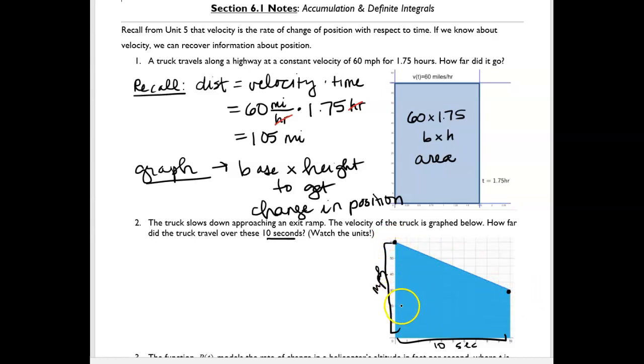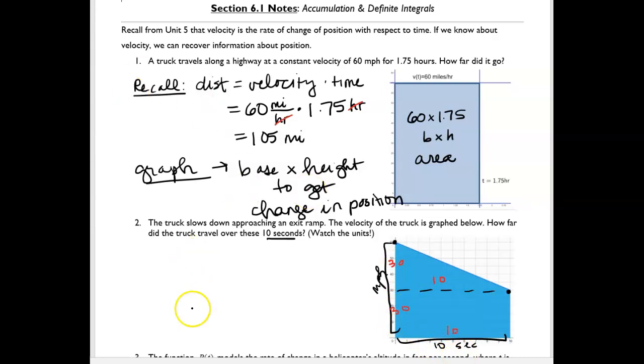And so if I want to find this area, you can do the area of a trapezoid, but what I find usually is easier is to do the area of a rectangle plus the area of a triangle. And so I want to look at my base and height for each of those. So here my height of my triangle is 30, my base is 10, and for my rectangle my height is 30 and my base is 10 as well.